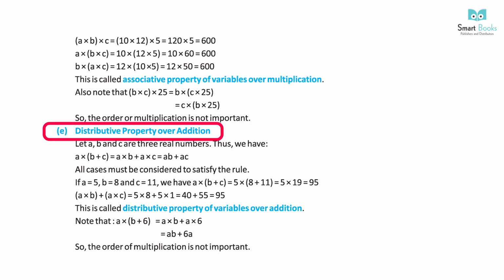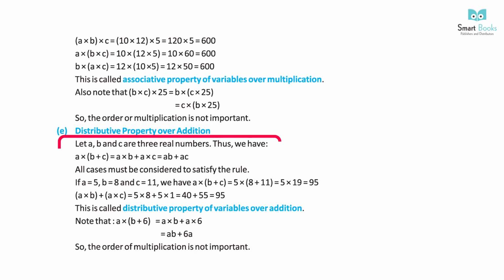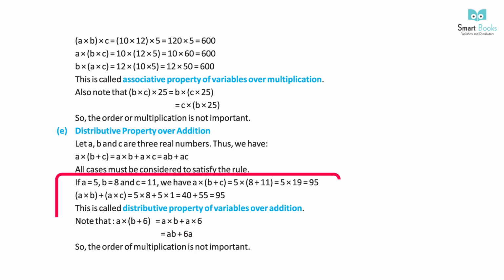E. Distributive property over addition. Let a, b and c be three real numbers. Thus we have a into b plus c equals a into b plus a into c equals ab plus ac. All cases must be considered to satisfy the rule. If a equals 5, b equals 8 and c equals 11, we have a into b plus c equals 5 into 8 plus 11 equals 5 into 19 equals 95.